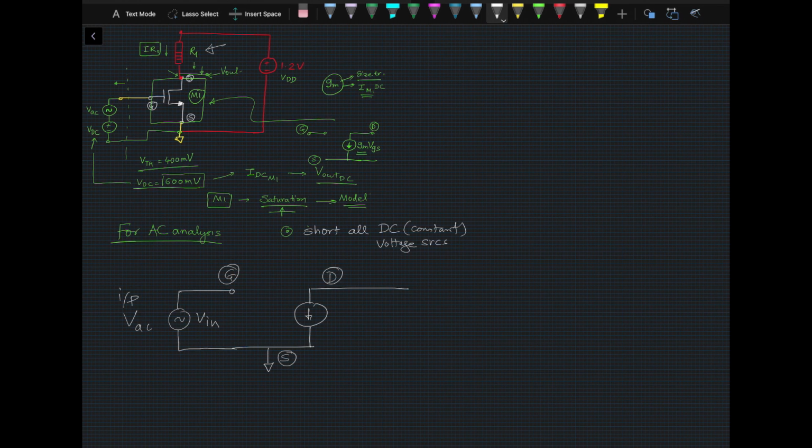That R1, the other terminal is connected to again 1.2 volts DC voltage source. So we will ground that also. We will short that voltage source to ground. So then the circuit is going to look like this: R1, and this would be ground. So we got this node by connecting 1.2 volts to ground, because this is a DC voltage source.